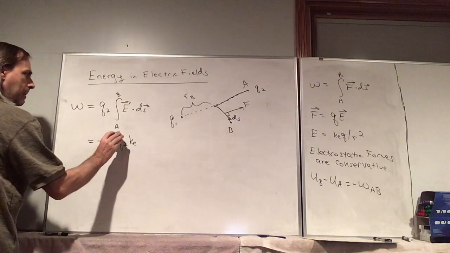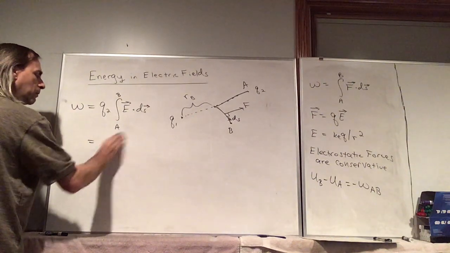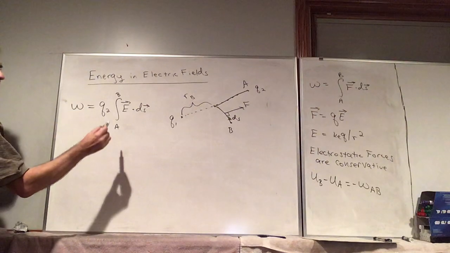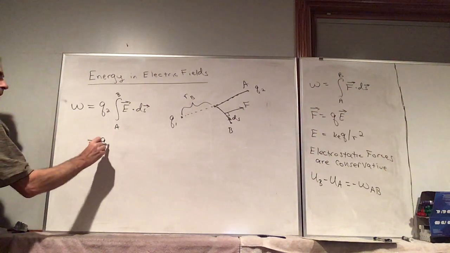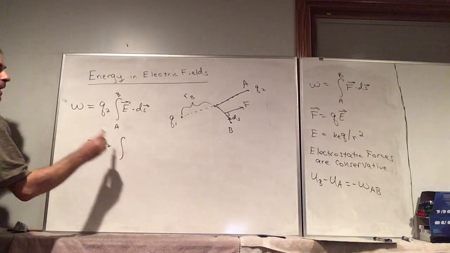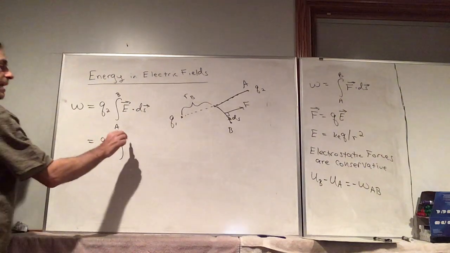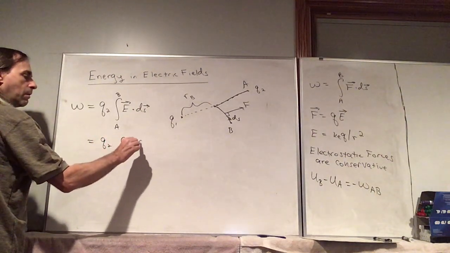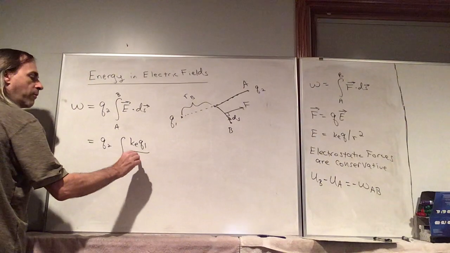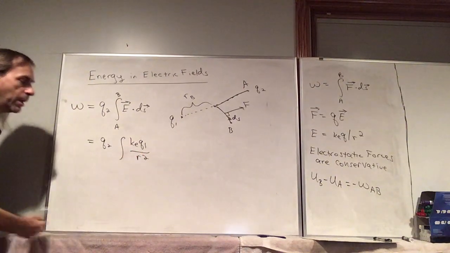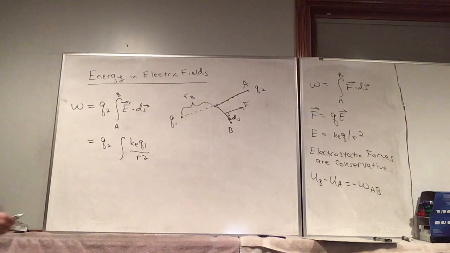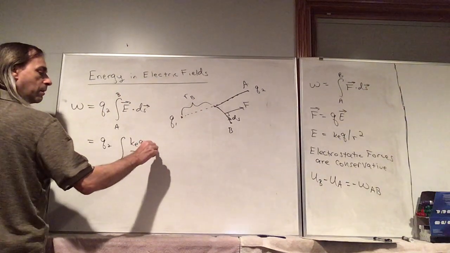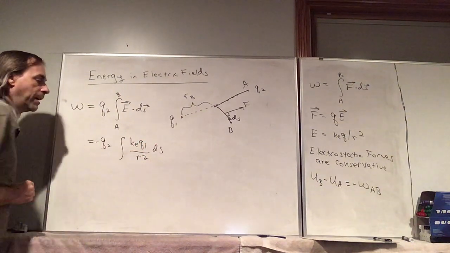Sorry, let me start over. We've got Q2. Let's just do one thing at a time. So the electric field is Ke Q1 over r squared. And then we take the dot product with ds. We pick up a minus sign.